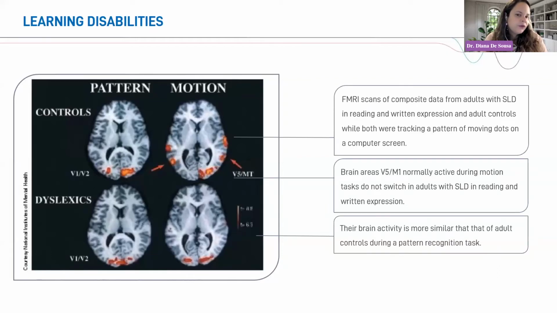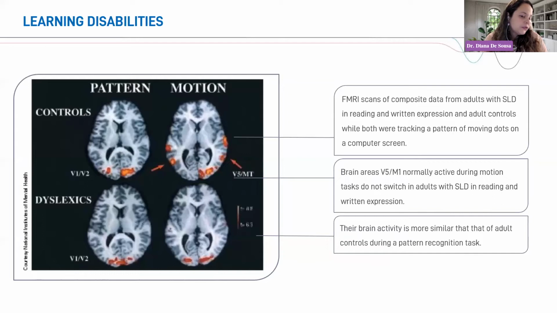It's data from adults in this instance with an SLD, a specific learning disability in reading and written expression, and adult controls with no learning disability. And you can see that they were given a visual tracking task to look at a computer screen. So in the visual tracking task, V5 and M1 are the areas.